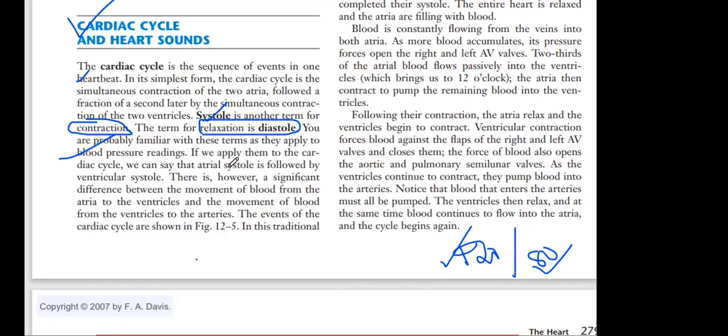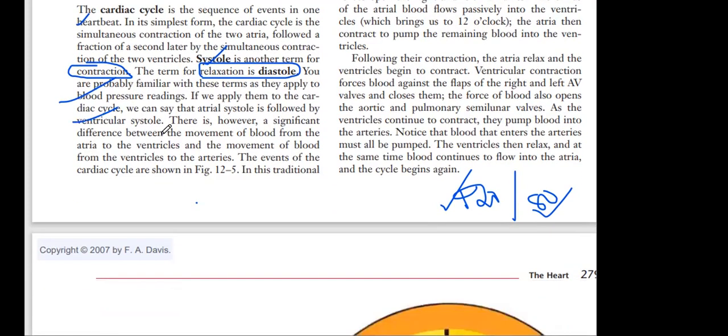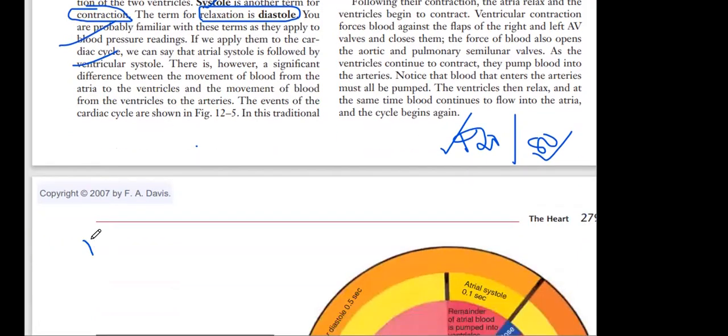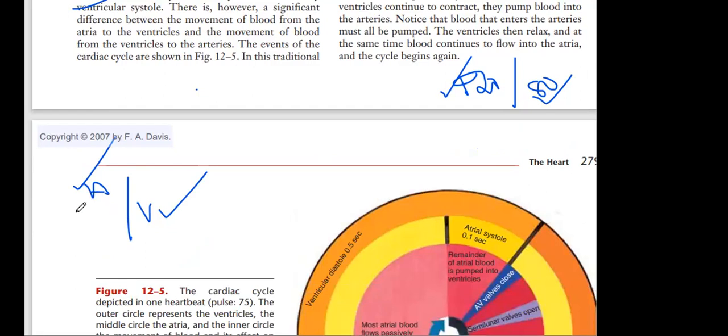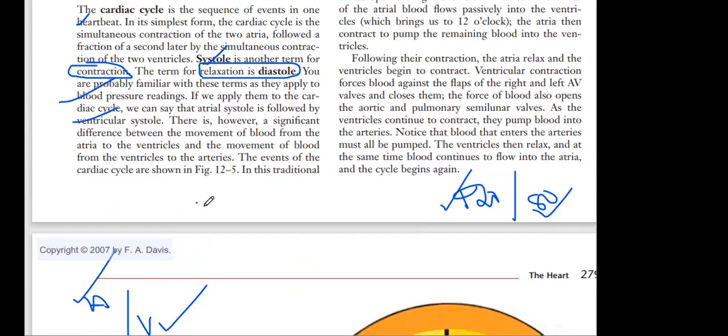Here, atrial systole is followed by ventricular systole. It means first the atria contract, then the ventricles contract. When the ventricles contract, the atria relax; when the atria contract, the ventricles relax.